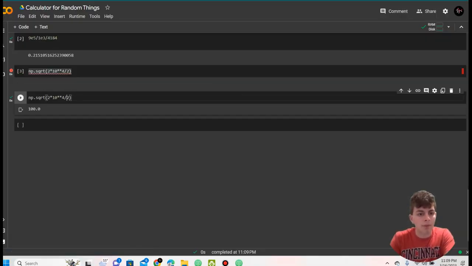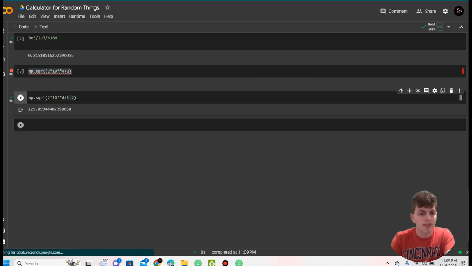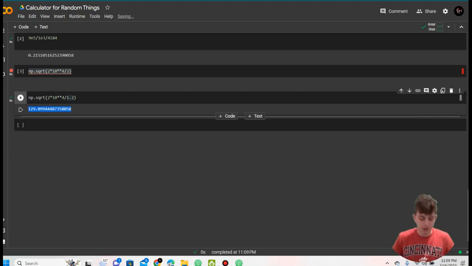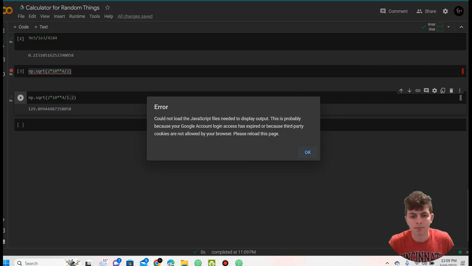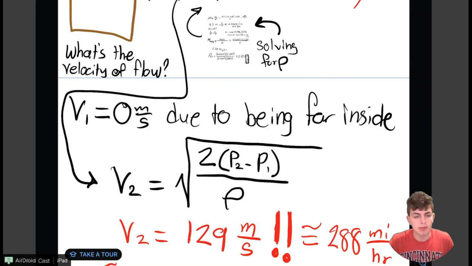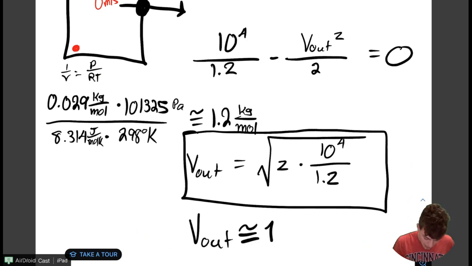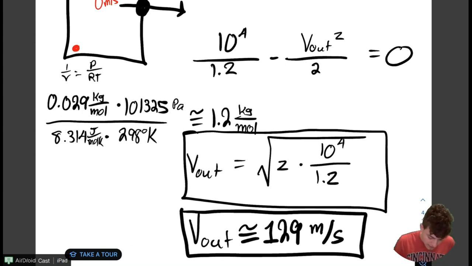Oh, I didn't divide by 1.2 as our density, which should give us, yes, about 129 meters per second here, which is indeed very, very fast.